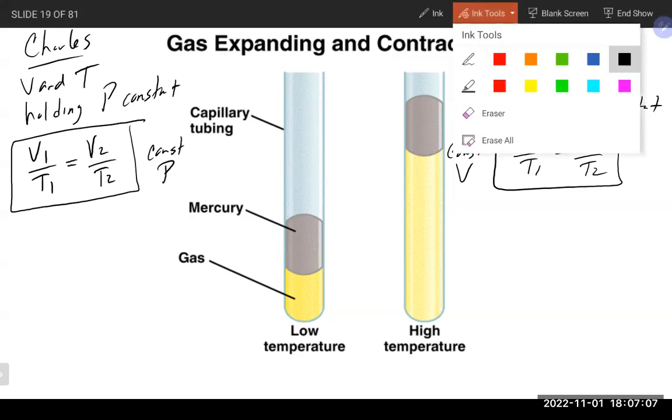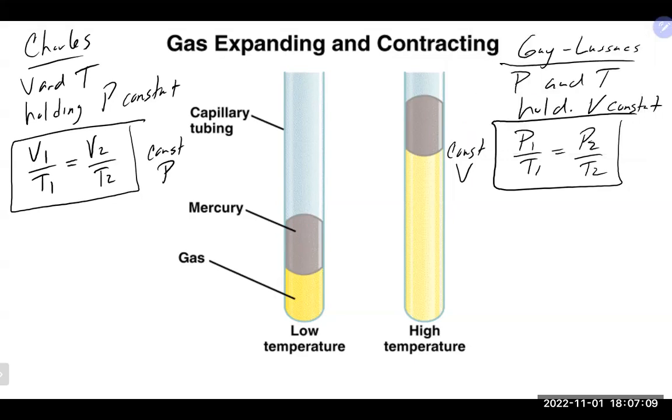Let's start on the right-hand side with Gay-Lussac's law. If we increase the temperature in this case, we would expect the gas molecules to pick up energy, and they should start moving a lot faster, right? As they increase temperature, they gain energy, they're flying around a lot faster.